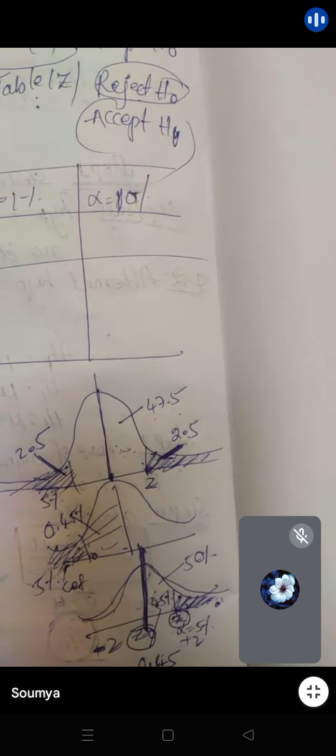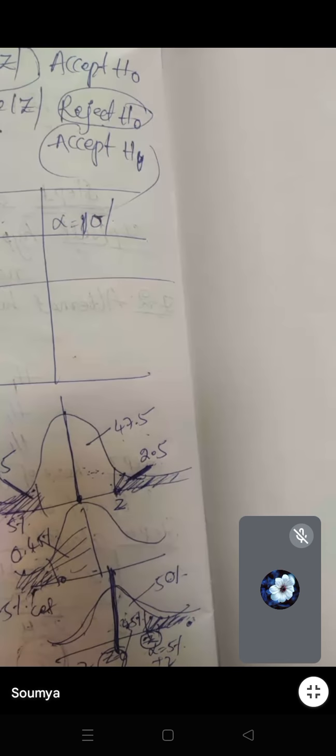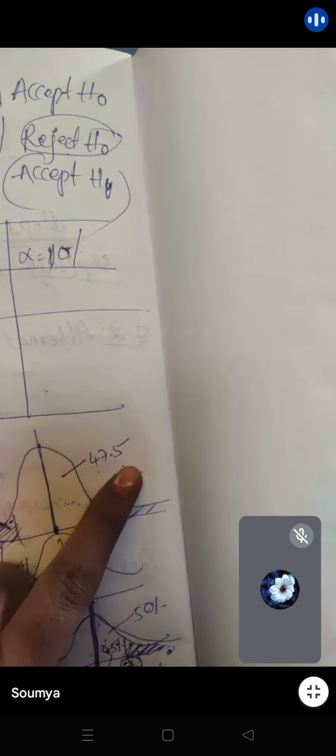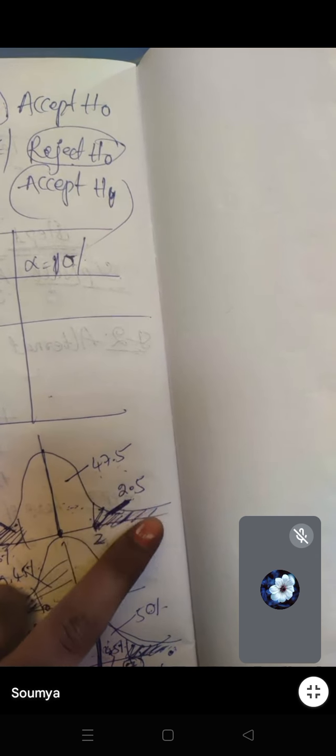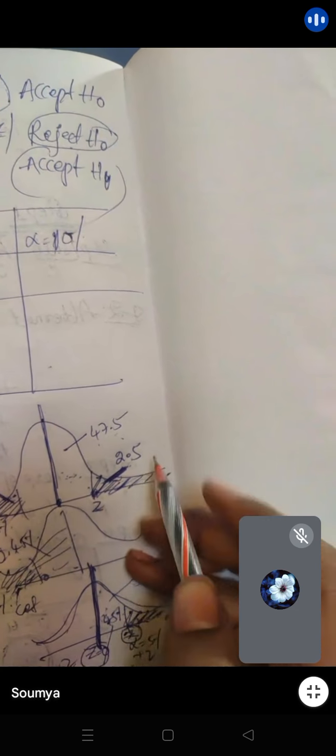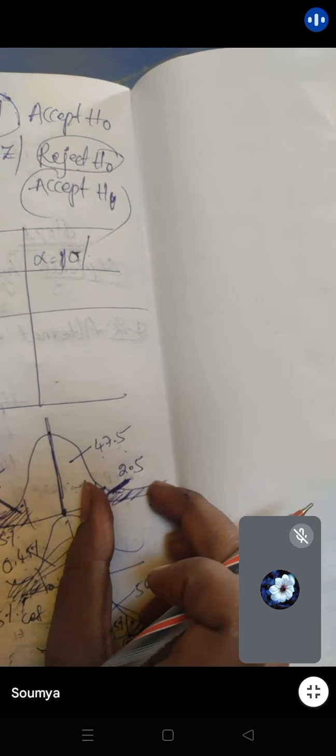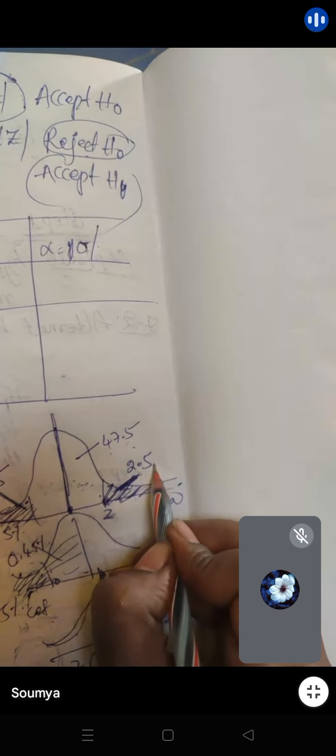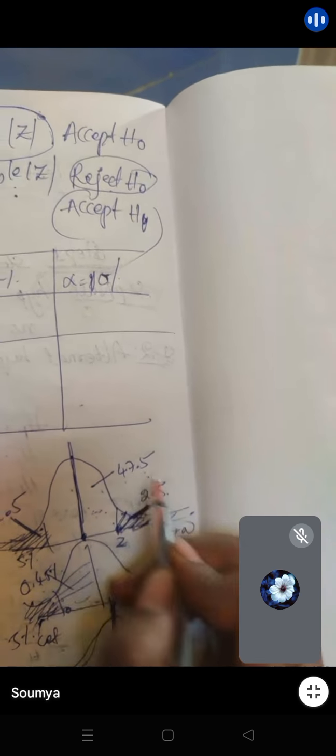Because it is 2.5 from here up to plus infinity. That is 50%. You already took this as 2.5. The remaining will be 47.5.